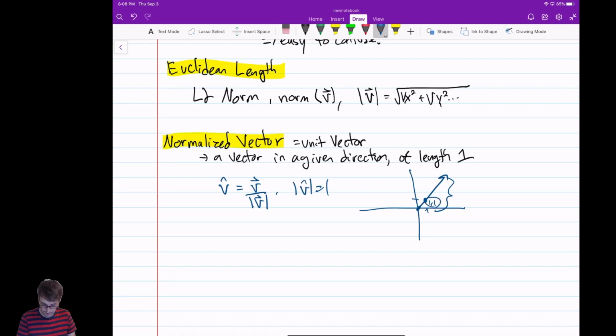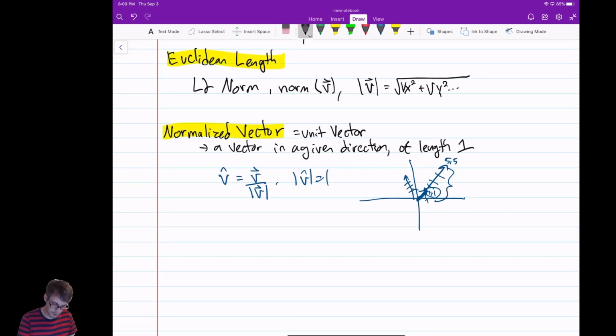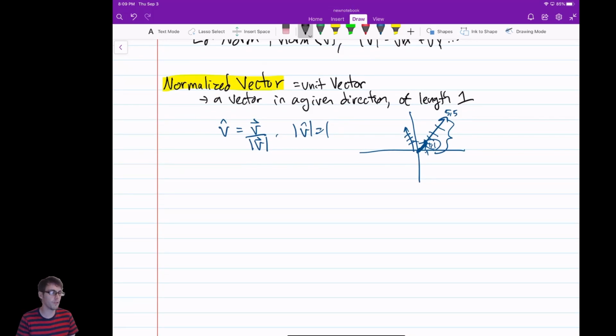And I have a new vector. My point is that if I divide the vector by its length, the length of the new vector is going to be 1. And it works for any vector, no matter where it is. I'm not sure if my diagram helped or not. You're welcome to just memorize the formula.